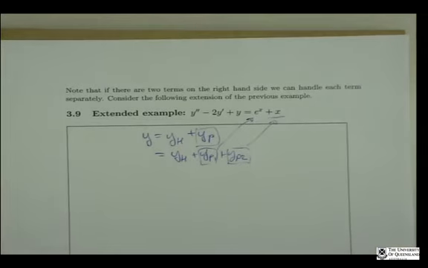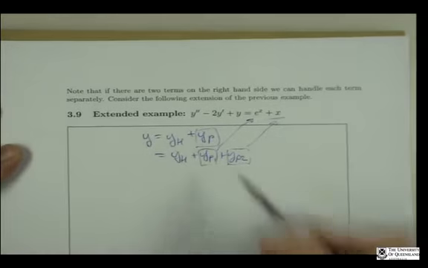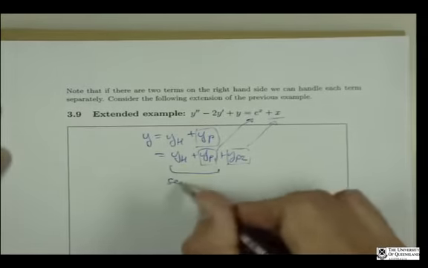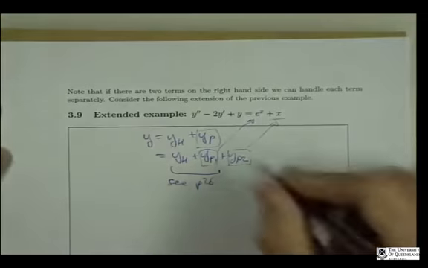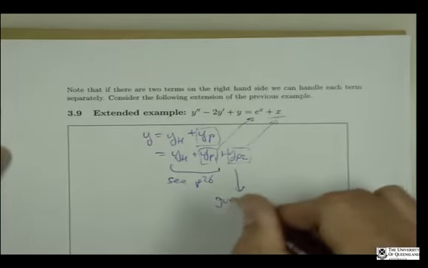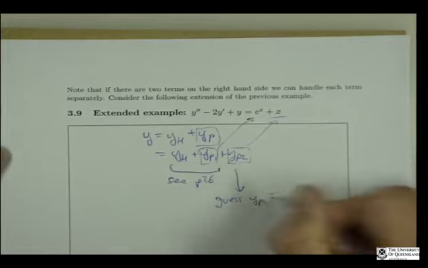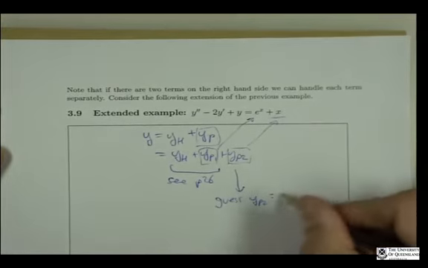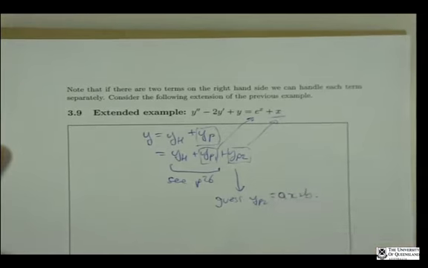We've already worked out yp1 from the previous page, so see page 26. For yp2, it's just a polynomial of degree 1, so we would just guess ax plus b and work through the details that way.